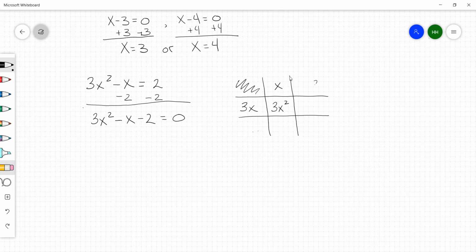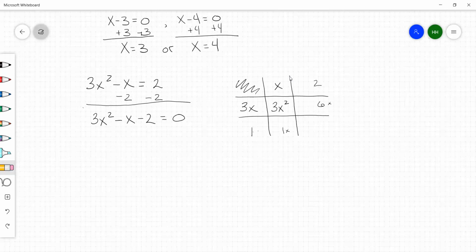If I put a 2 here and a 1 here, what's going to be in this box? Good, a 6. And what will be in this box? A 1x, right? And with a 1x and a 6x, can you get to a negative x? No, that doesn't work, does it?